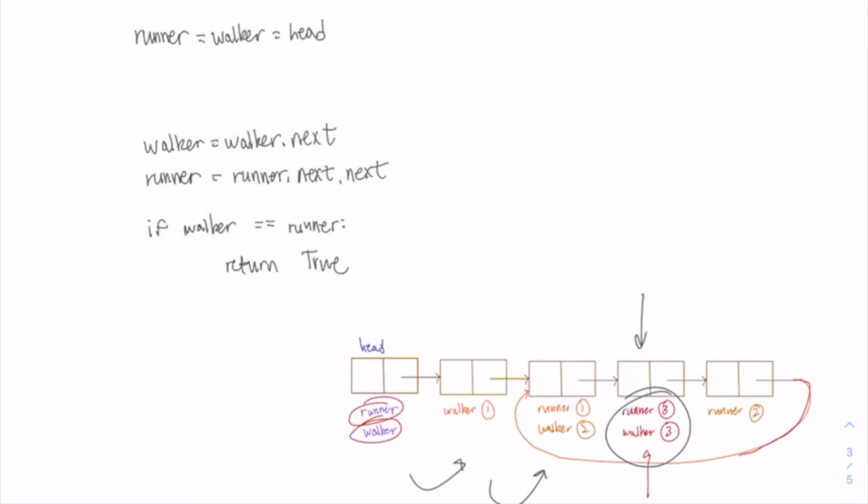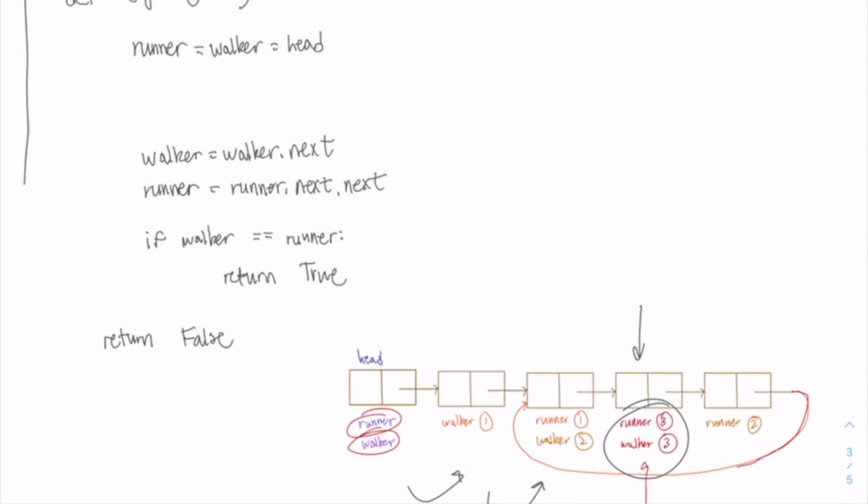Or else, if walker and runner never hit the same node, we return false.